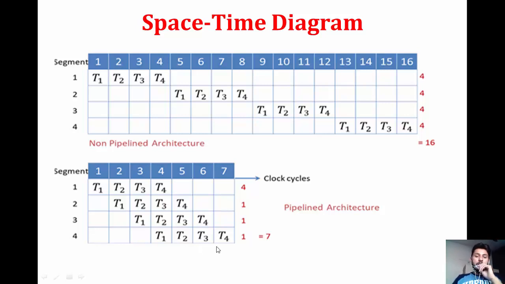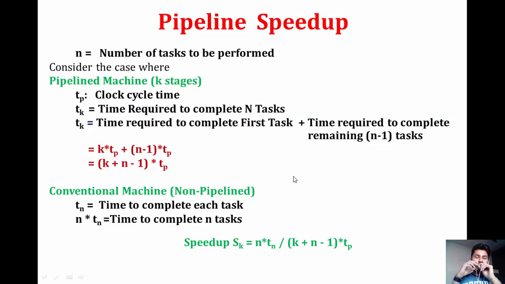For the first result it takes 4 clock cycles, and then at each clock cycle we'll have a new result. So the total time to execute 4 tasks in a pipeline manner is 7 clock cycles, right? Now how are this 16 and 7 calculated? There is a formula on which all these things are calculated.